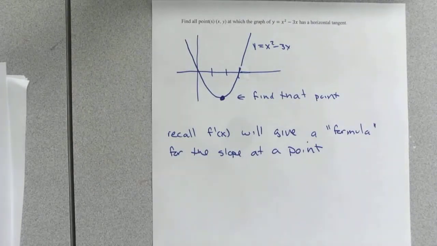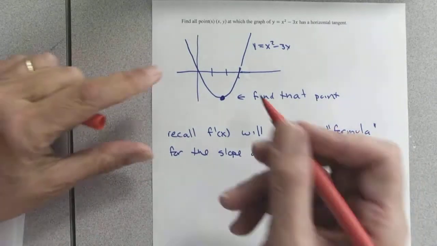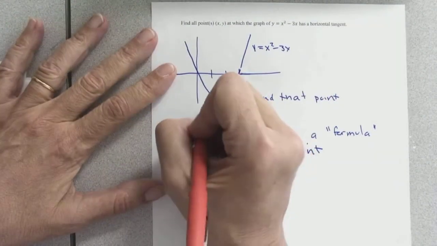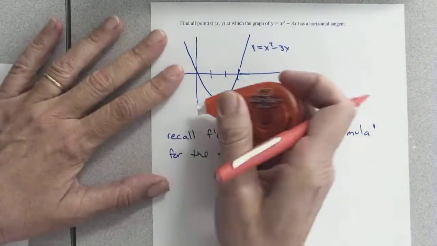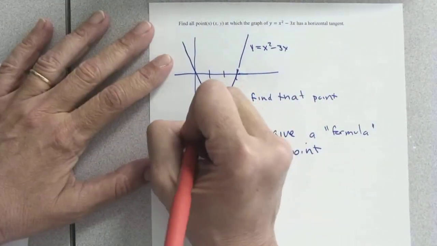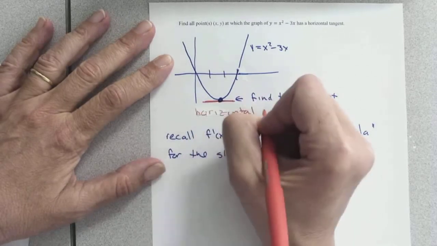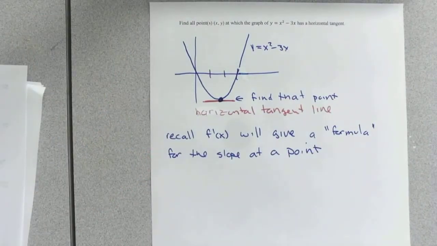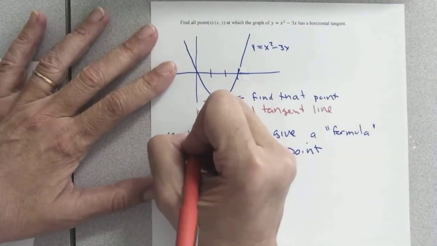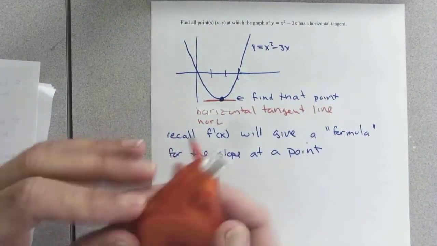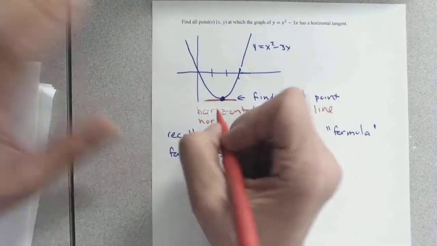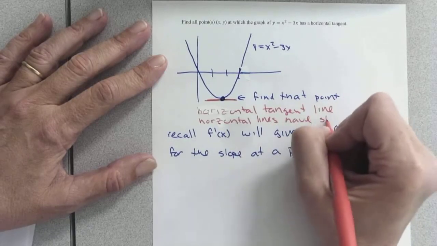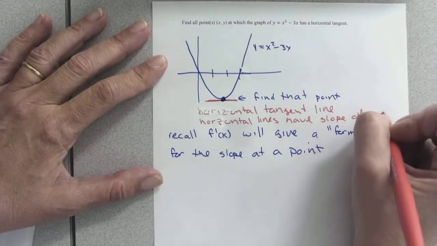But now I've got a graph. Well, graphs and derivatives lead me to think about the slope. And when I think about this point right here, we've got a horizontal tangent line there. Horizontal tangent. And horizontal lines have a slope of 0.